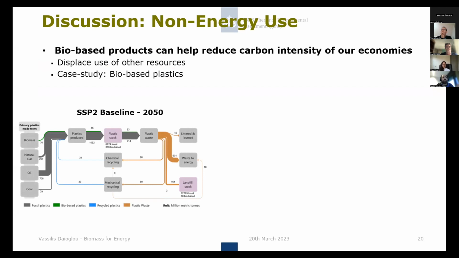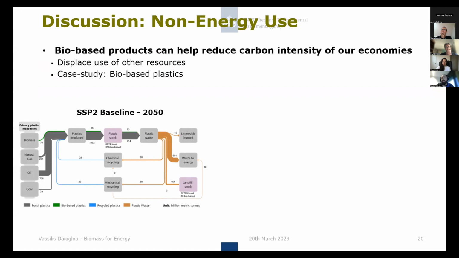First, on the left, we see the feedstocks that provide the carbon to be used in plastics. Then it goes into a plastic stock, and then finally end-of-life strategies. These can be litter and burned, they can go to waste-to-energy, they can be landfilled, or they can be recycled through different recycling routes.